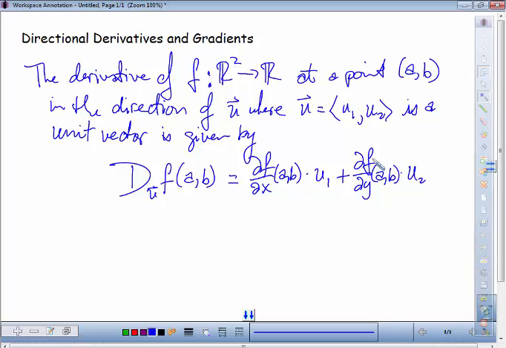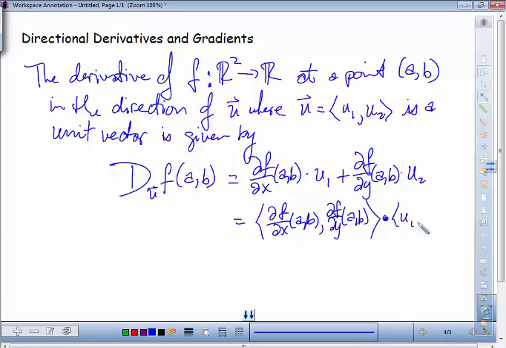Of course, you can peel that apart, and then we can force it to look like a dot product. And if we do that, we get the partial of f with respect to x evaluated at (a, b), the partial of f with respect to y evaluated at (a, b), and then dotted with (u1, u2).